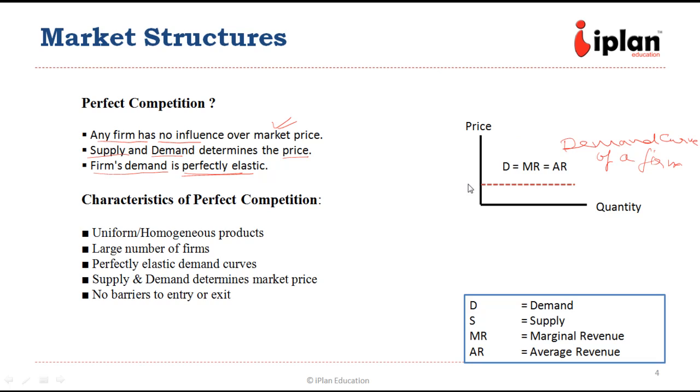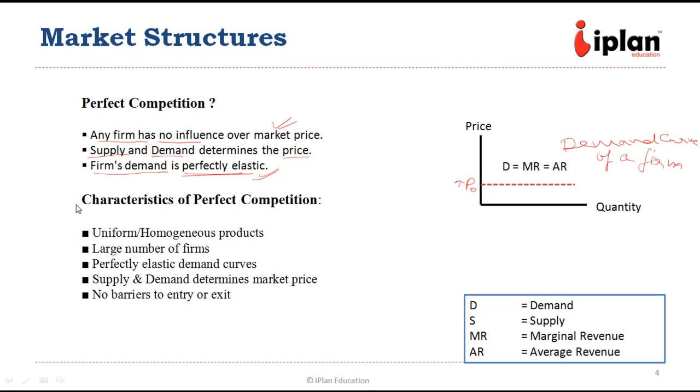So suppose this price is P naught. If the company tries to increase the price a little bit, the demand falls sharply for this particular company. So since the demand curve is perfectly elastic for any individual firm, they cannot afford to increase the price because demand will fall drastically.